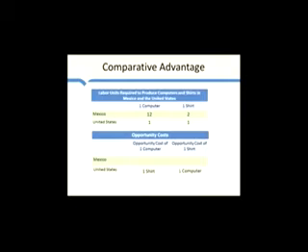Since it takes 2 units of labor to produce 1 shirt, and you've got to move 12 units of labor, it means that the opportunity cost of 1 computer is 6 shirts. If you need an additional computer, it's going to cost you 6 fewer shirts in order to get that computer. And going the other way, in order to get an additional shirt, you're going to have to give up 1/6 of a computer.